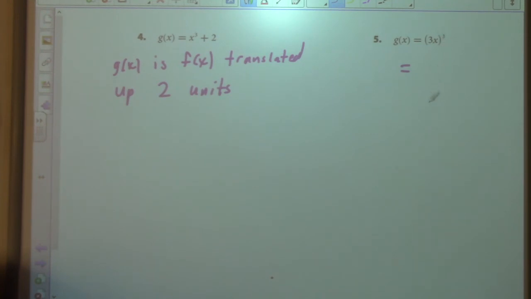So you take 3 cubed. What's 3 cubed? It's 27, yes. It's easy to do that. So you break out the parentheses, and you have 27x cubed.